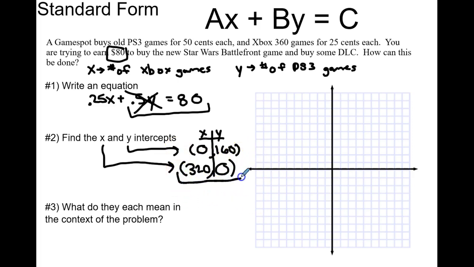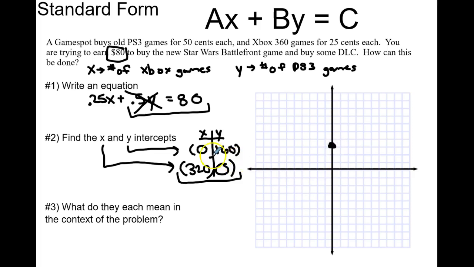And remember, just like in class today, you can use these 2 points to graph the equation. We'll do that real quick. We need a pretty big scale in this graph, so let's make each line 50. Let's get our y-intercept in there first: 50, 100, 150, 160 is about right there.